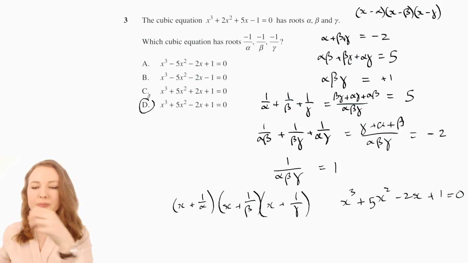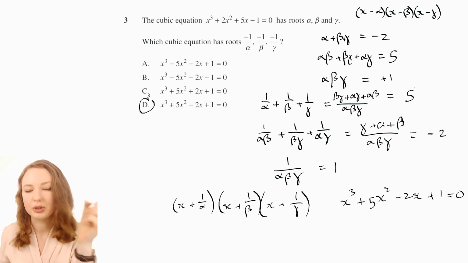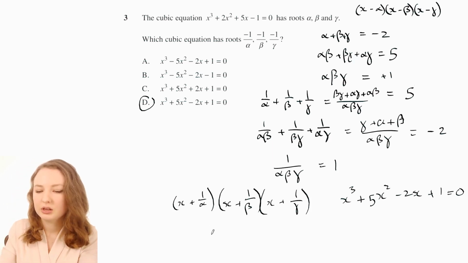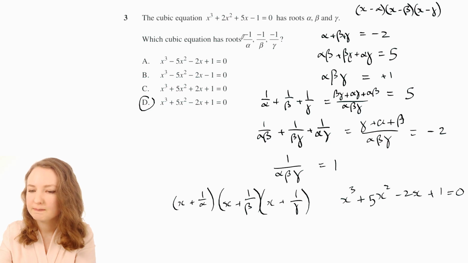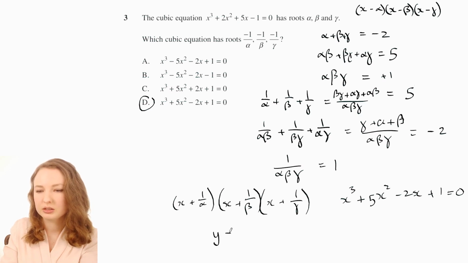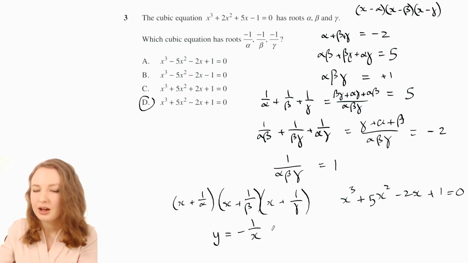So that's D. Another way that you can do it is you can think of like, if x is alpha and beta and gamma when you solve that, and we want a cubic equation that has those roots, what we're looking for is one with some other variable y equals -1 on x, so that when x is alpha, that works for y being -1 on alpha.